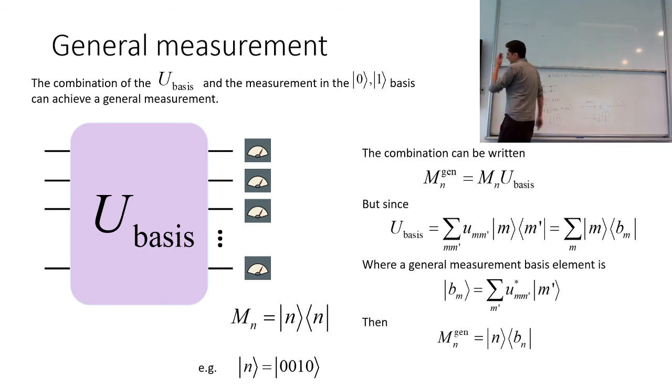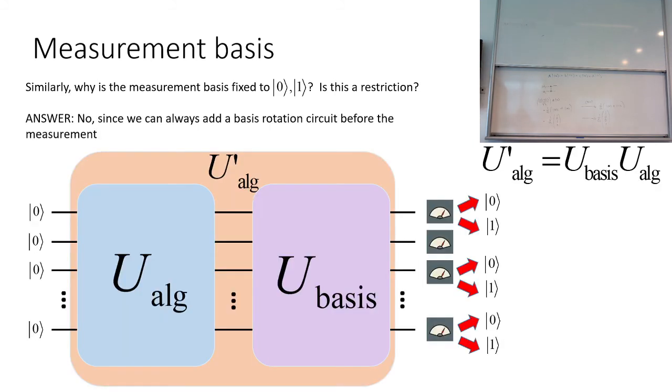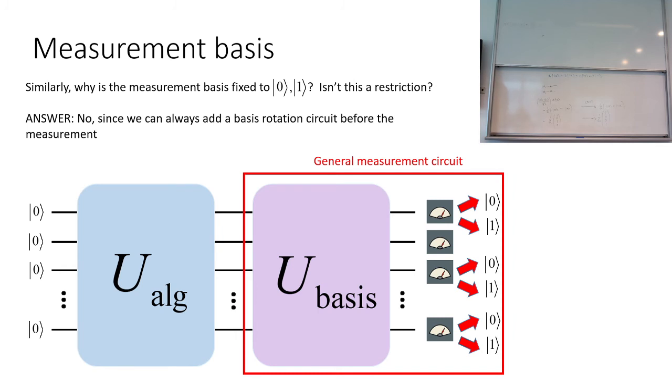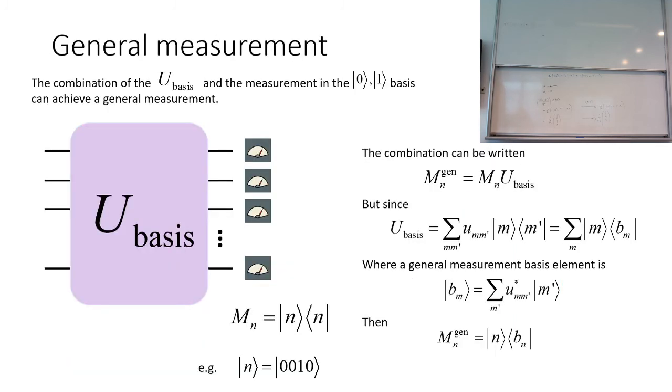Now let's look at this combined thing, which is this unitary rotation, U basis. This is the thing that changes the basis. And let's think of the thing in the red box as M, the measurement operator, but in a more general basis.